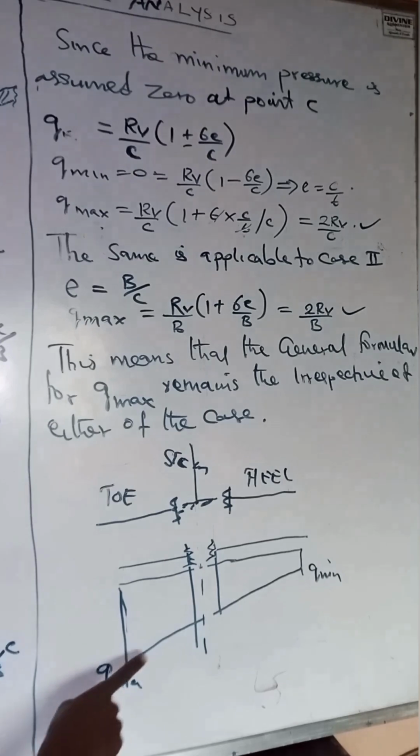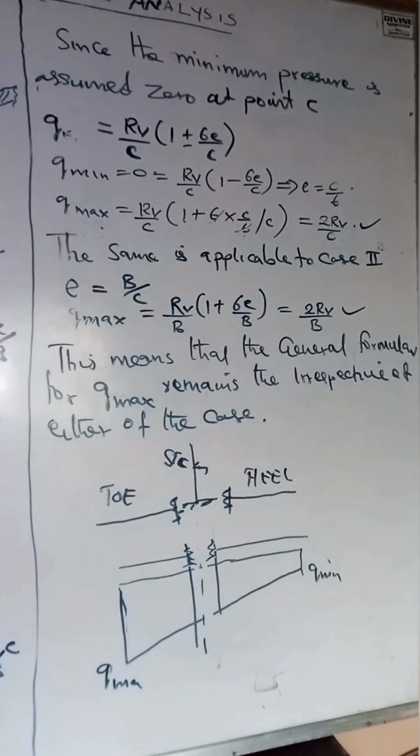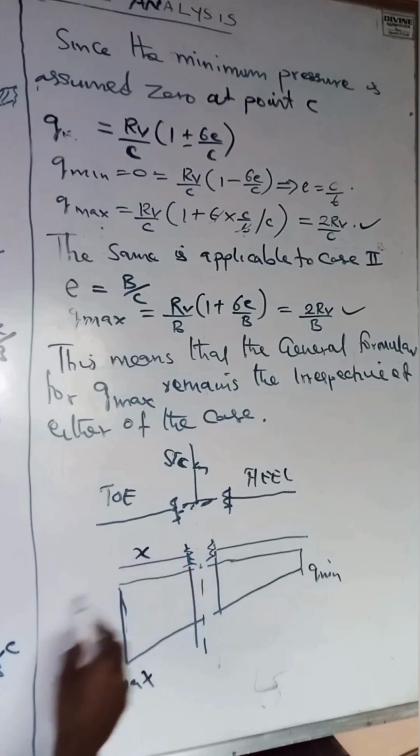Now the first thing we would like to do is to take an expression. Okay, because when you look at the linear variation of the load, you discover that we are going to obtain the slope. Now, in obtaining the slope, we are going to express it in terms of x.